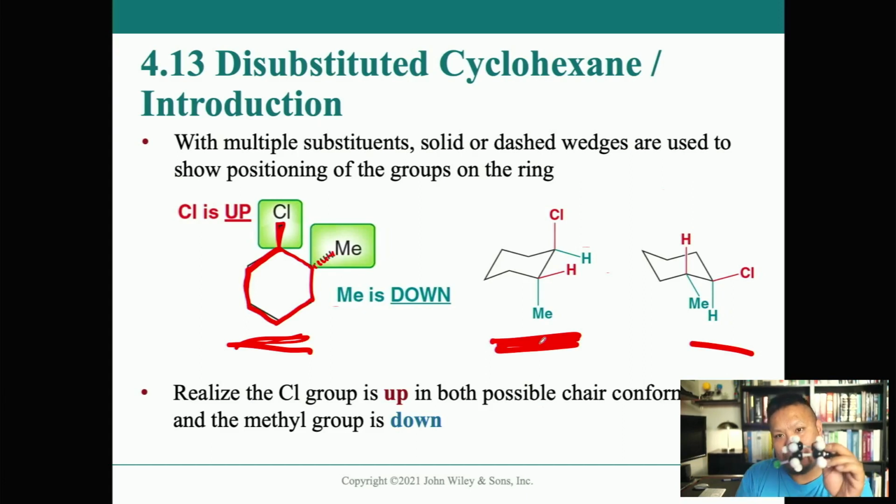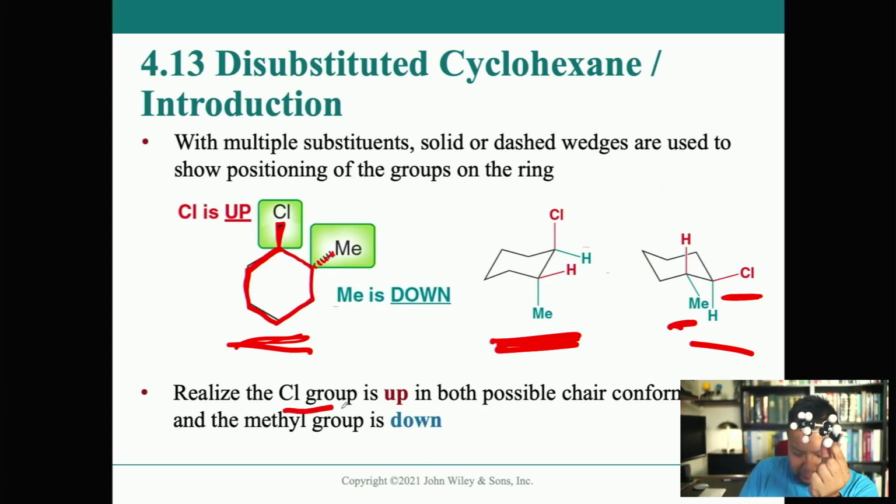Now the chlorine, is it pointed the same way yours is? No, it's not. Let me turn it around. There we go. Now, with the chair flip, finish the chair flip, right? The chlorine is equatorial, and so is the methyl. Okay?